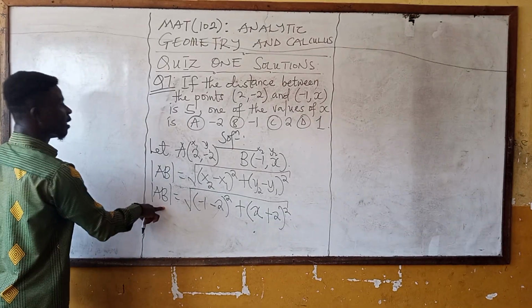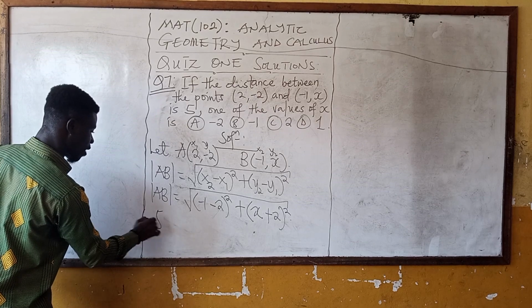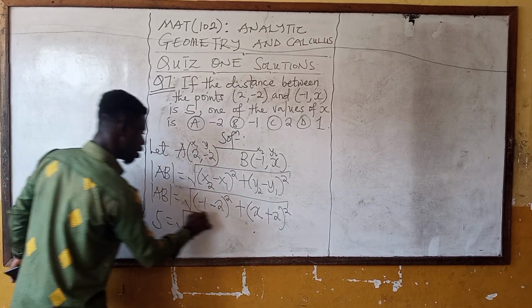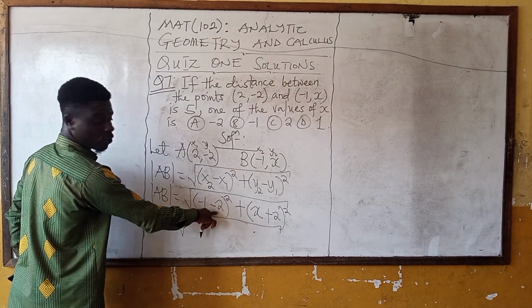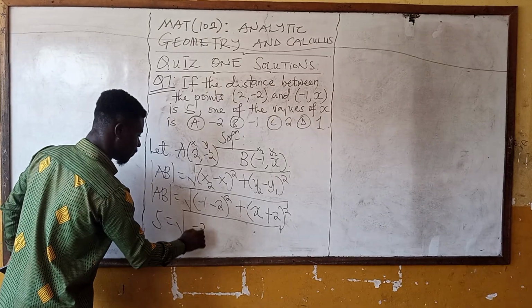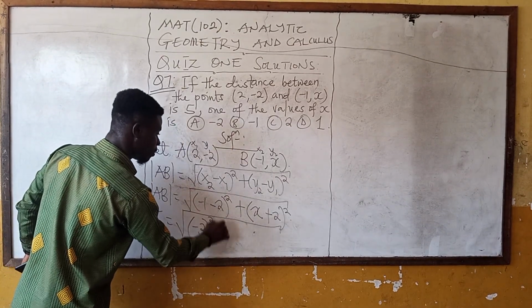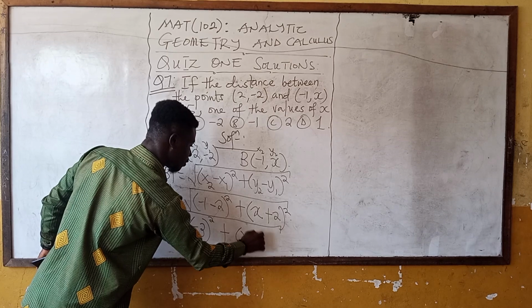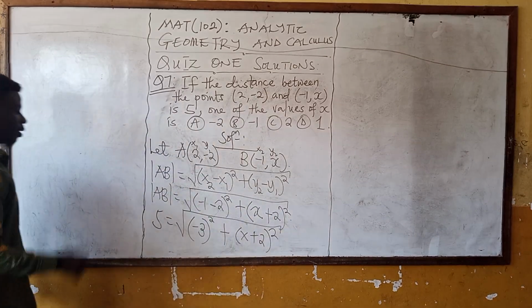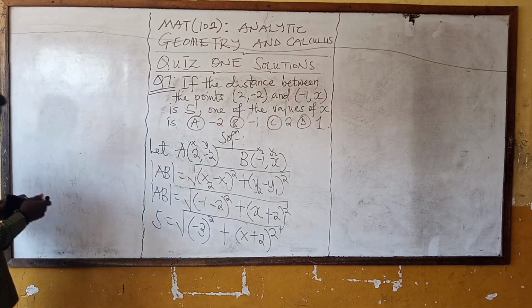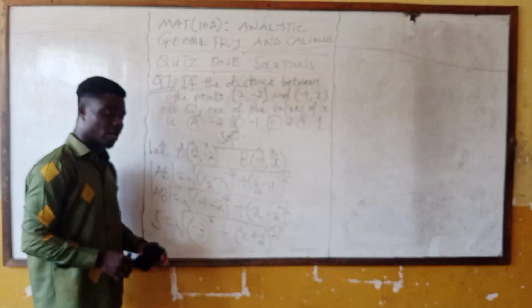Now the distance given was 5. So 5 equals the square root of (negative 1 minus 2, we get negative 3) squared plus (x plus 2) squared. Now we can square both sides to take away the square root.